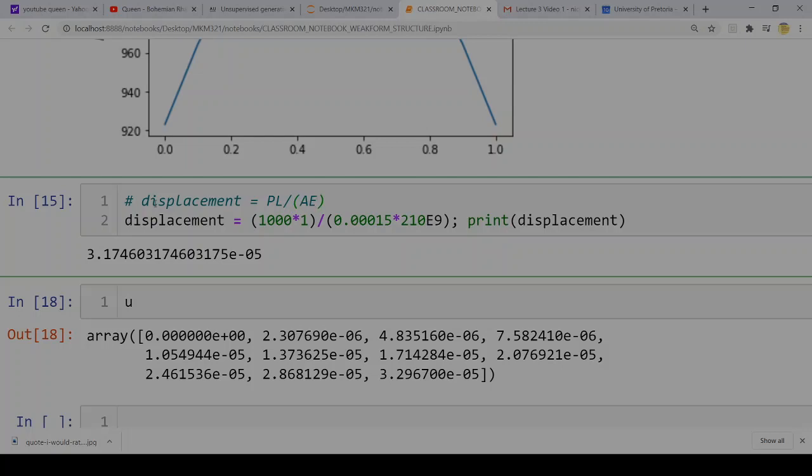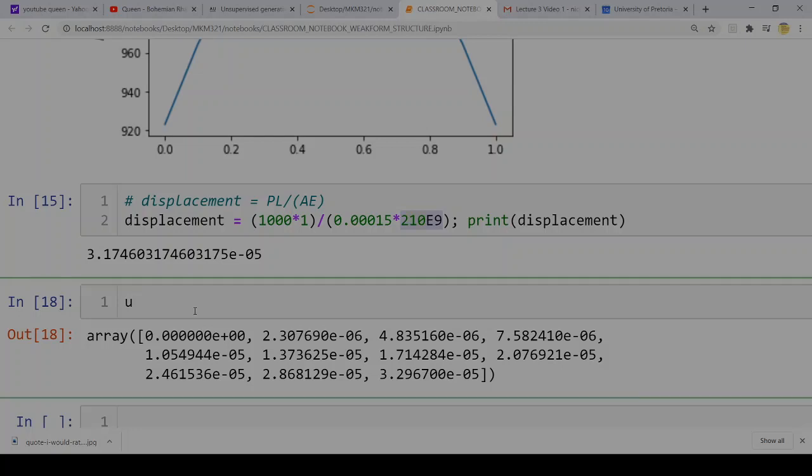That's a good indicator for the tip displacement. Maybe you're used to having P equal a stiffness times a displacement, but this is just rewriting it in this form, and I can do this quick estimate and see if we trust the numbers. I see 1,000 times 1 divided by the average area for a constant assumption and 210 gigapascal, and I expect to see a tip displacement of about 31746.